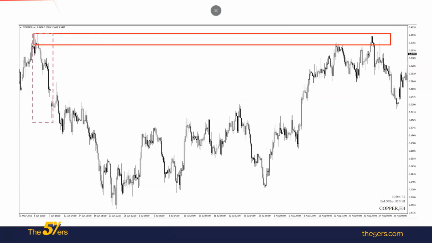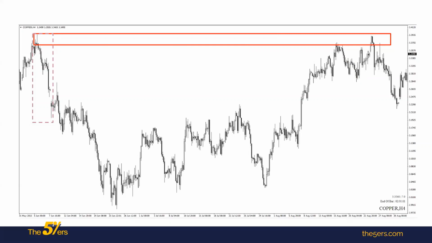Now let's look once price went back to this supply that we've marked here. Price had reacted to this area. Now this is a very important thing to understand.